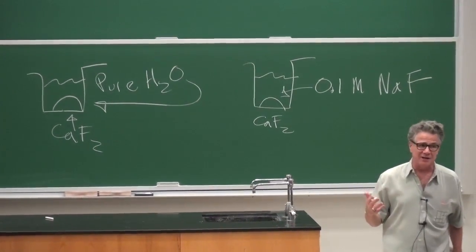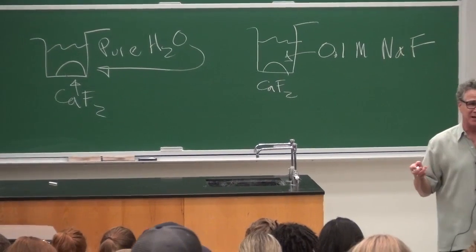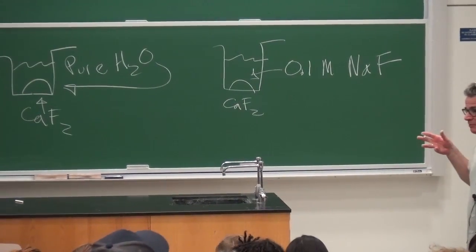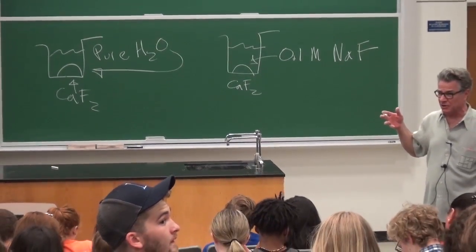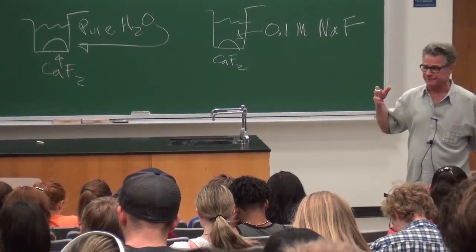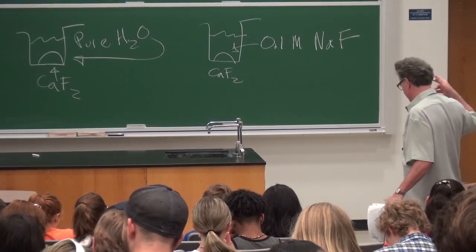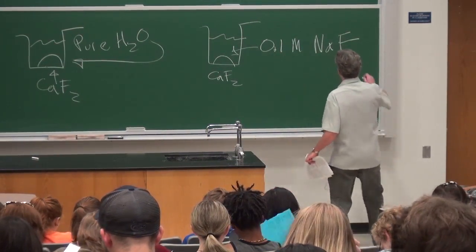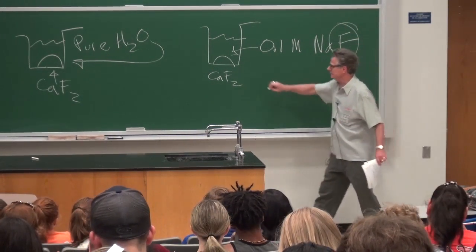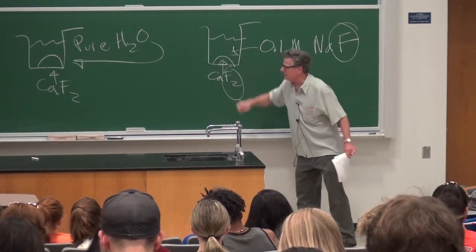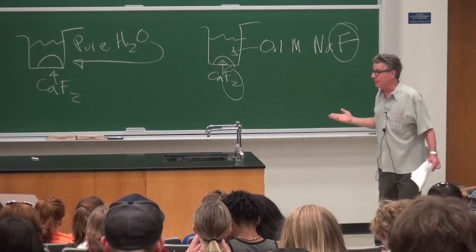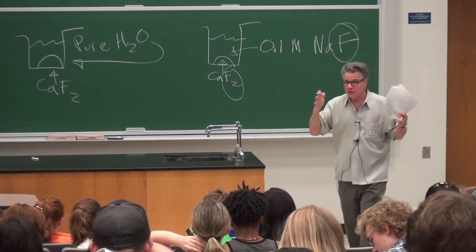It's called the common ion effect problem. There will be a problem like this on exam 2. It asks you to compare the solubilities in pure water versus a salt with a common ion. What's the common ion? Fluoride. Common to both the precipitate and to the salt that you added.